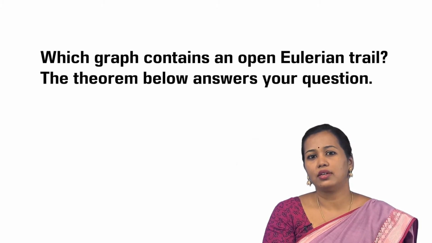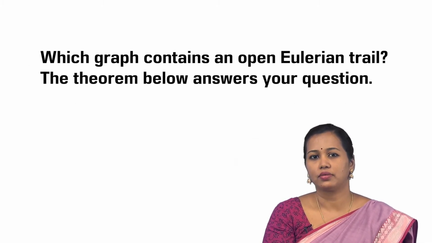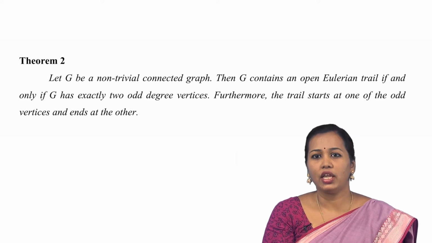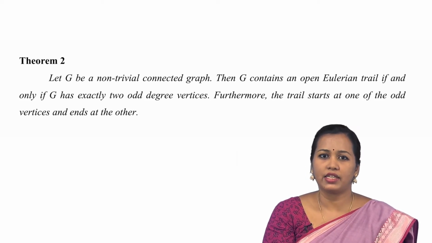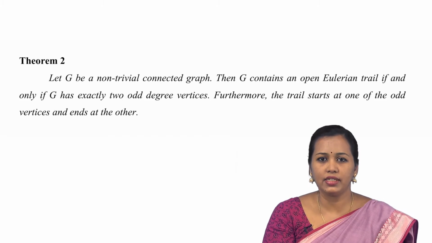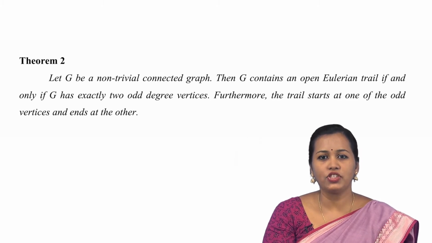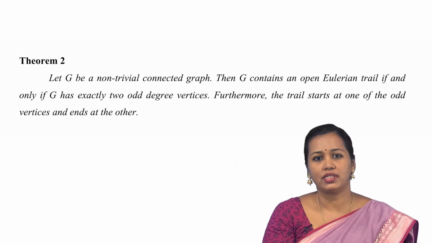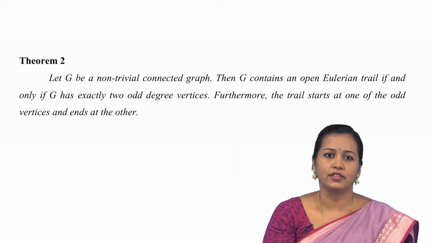The following theorem answers this question. Theorem: let G be a non-trivial connected graph. Then G contains an open Eulerian trail if and only if G has exactly 2 odd degree vertices. Furthermore, the trail starts at one of the odd vertices and ends at the other.